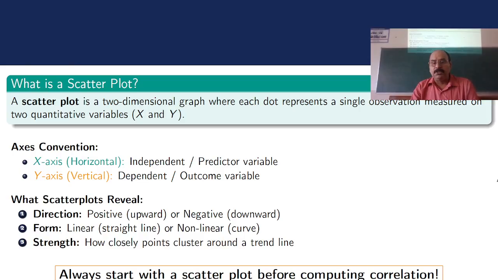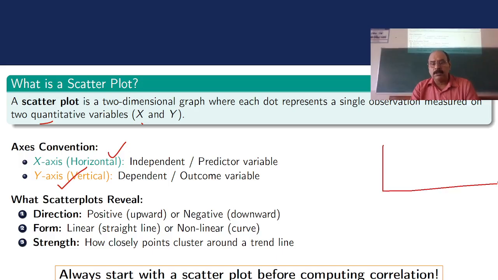What is meant by a scatter plot? Very simple. We have two quantitative variables usually, x and y, x on the horizontal axis and y on the vertical axis.